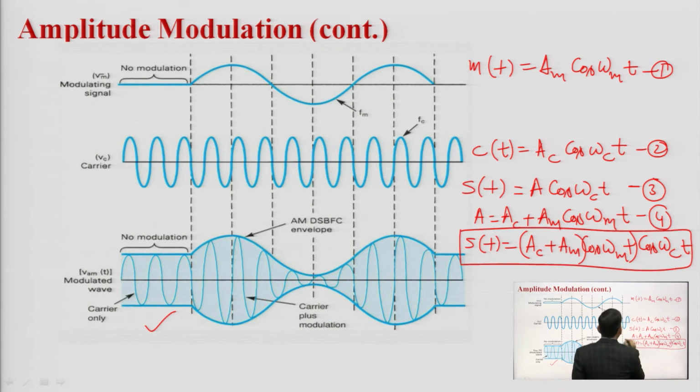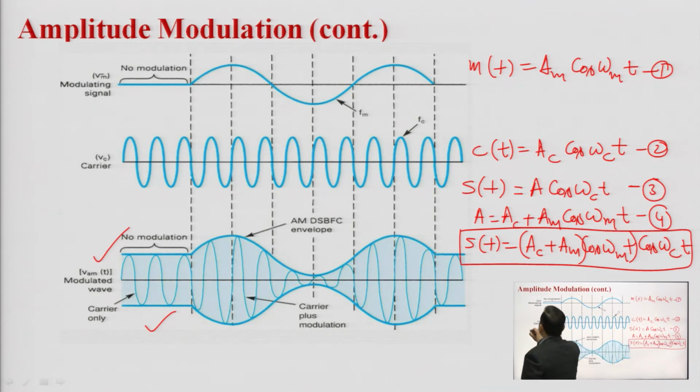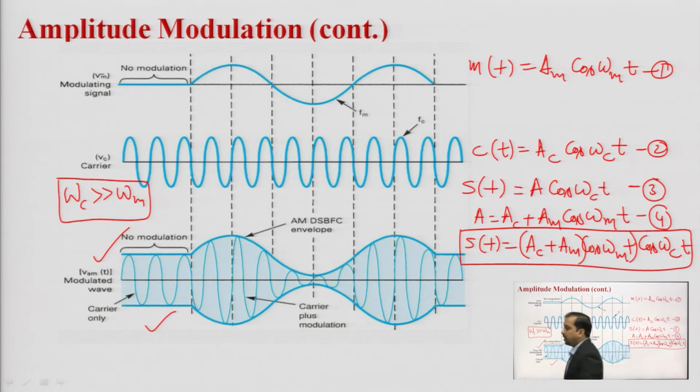Here we can see how the waveform for AM is plotted. First of all, we must observe that omega c is very high in comparison with omega m, as per the definition of modulation. The carrier frequency is very high, so this waveform is somewhat compressed. Cos omega m t can be +1 or -1.